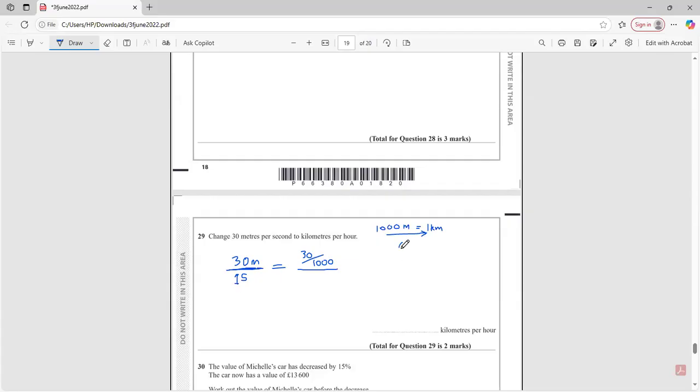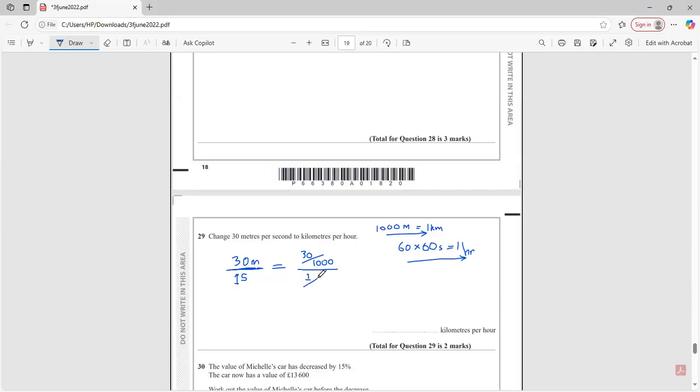Because we know that 60 seconds make 1 minute, but 60 minutes makes an hour. So that means that 60 times 60 seconds would make 1 hour. So in which direction am I going again? I'm going from seconds to hour. So I'm going to be dividing by 60 times 60. So what value do I have under there? I have 1.